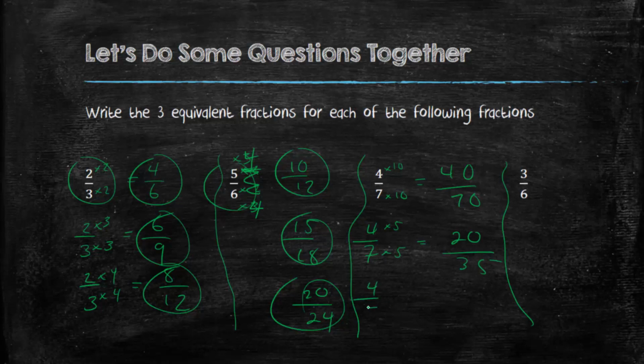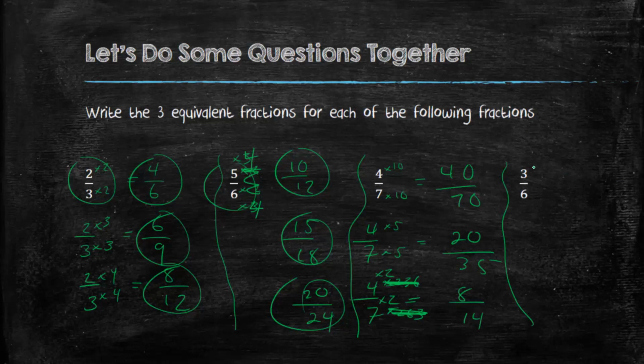What happens if I multiply both by 236? Well, I don't know the answer because I can't do this in my head, but whatever the answer would be, it would still be an equivalent fraction and the answer would be correct. So let's just do by 2 since that's way easier to do in your head. So it's 8 over 14 and that's an equivalent fraction.